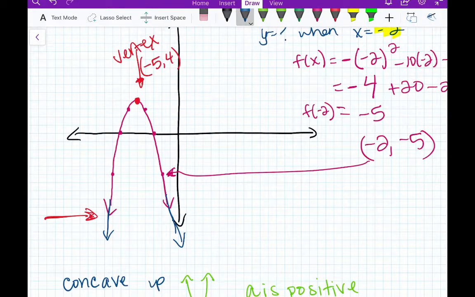But when we talk about the range, range is y. So we're looking from bottom to top. Well, if this goes down forever, there's not going to be a boundary down there. But what is this up here? It stops. So our range is going to use the vertex. The vertex will be used to determine our range.